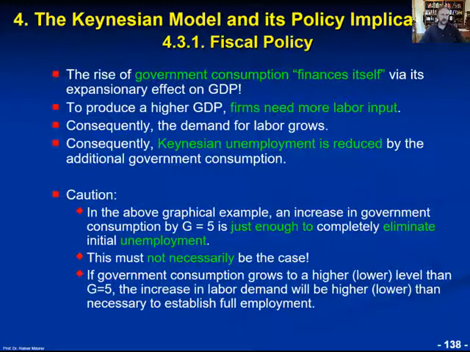And if government consumption grows to a lower level than 5 units, then the increase in labor demand will be lower than necessary to re-establish full employment. So we've made here the simplifying assumption that the government exactly knows by how much to increase government consumption in order to completely eliminate unemployment. We will later discuss the problems with government information in order to design the appropriate fiscal policy.